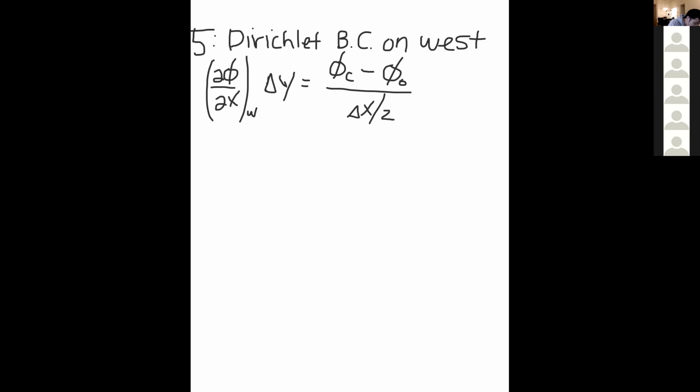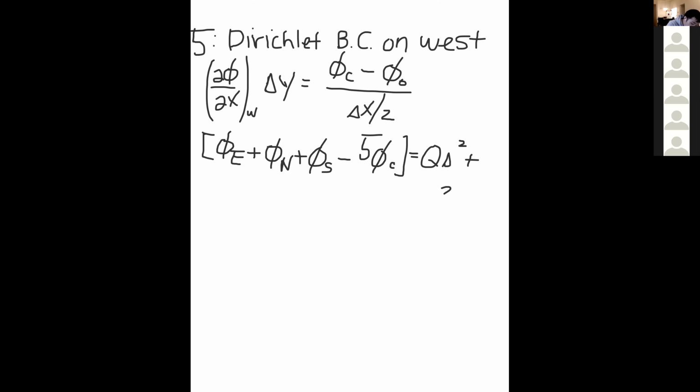So we have minus k, which is just 1, plus phi e plus phi north plus phi south minus 5 phi c is equal to q delta squared plus 2 times k phi naught.